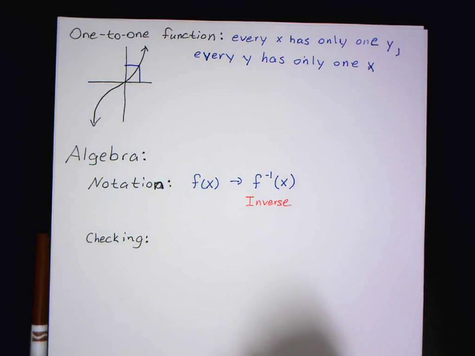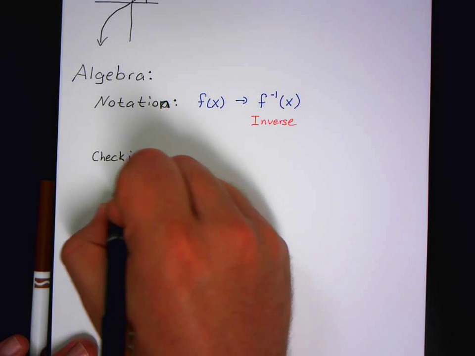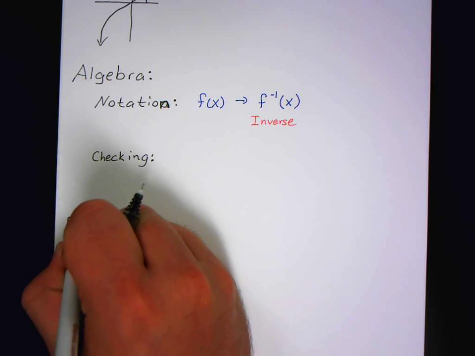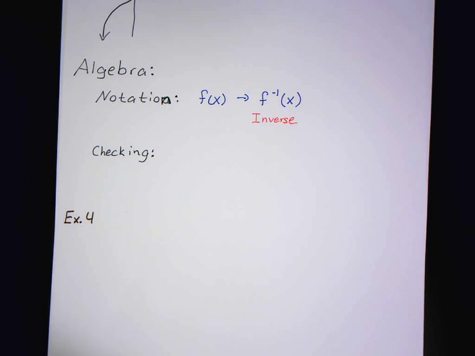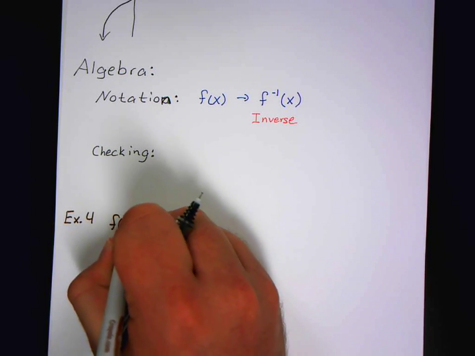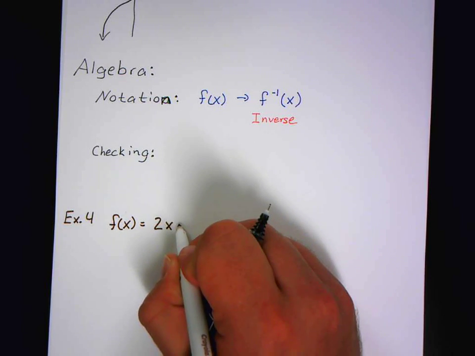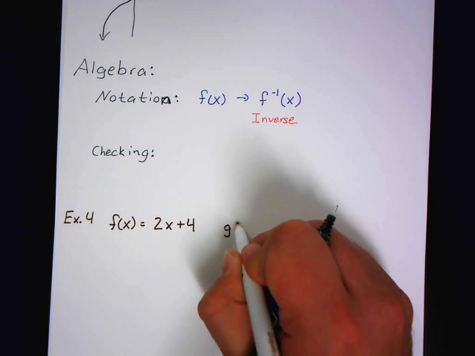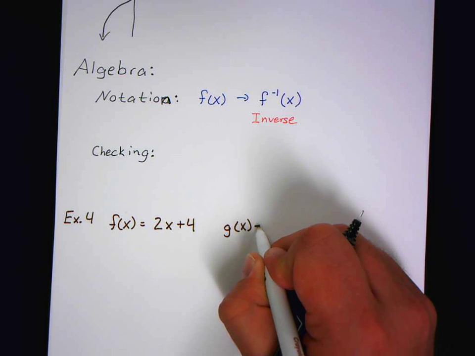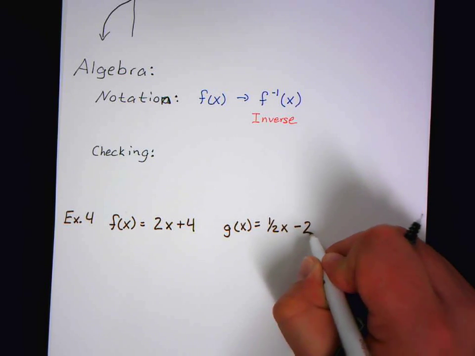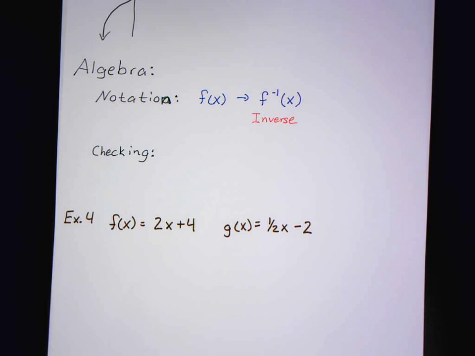What they're going to do is give you two functions like that and ask you whether these functions are inverses or not. And you have to double check and see if they are.